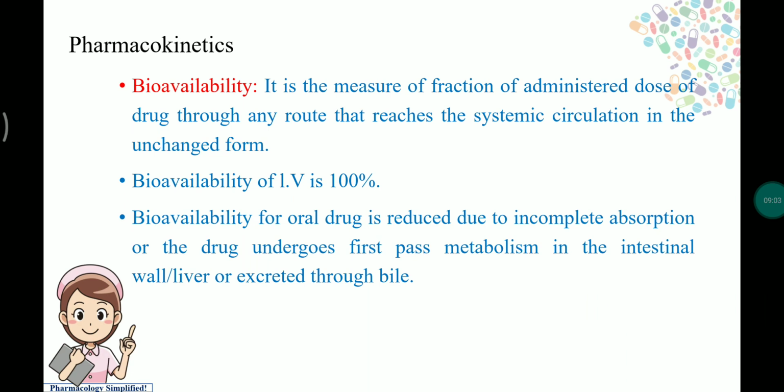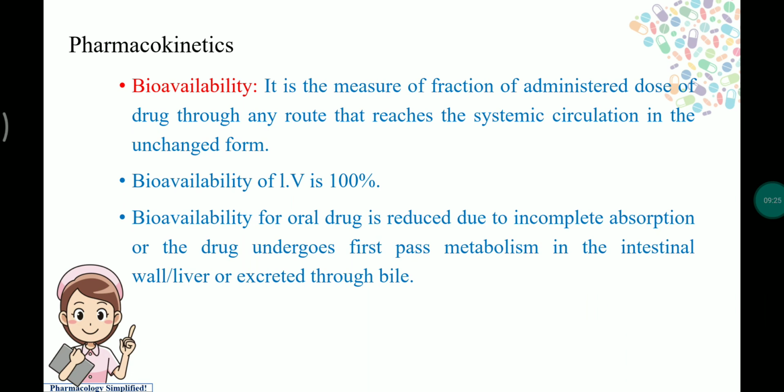So when a drug is absorbed into the body and reaches the circulation in unchanged form, it is called bioavailability. Bioavailability in IV is 100% because we are directly administering the drug into the bloodstream without any change.